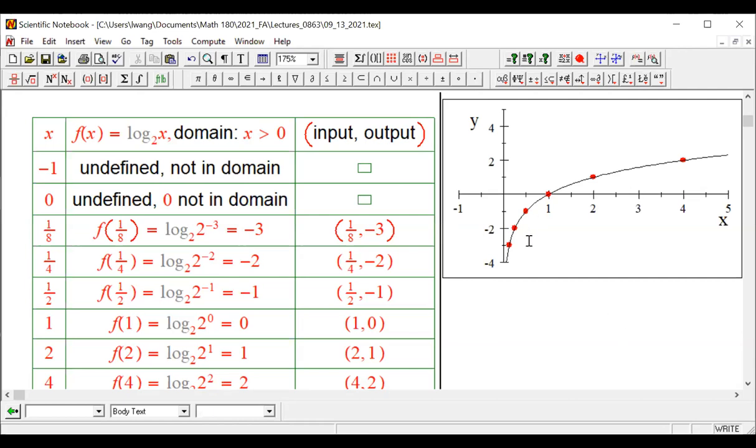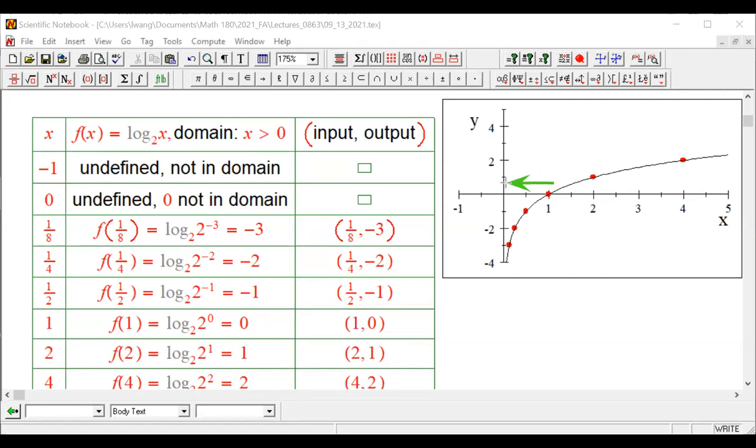On this curve, look, there's 2 directions, right? Domain does not include 0. So the input can be any number larger than 0, so that any number can be as close to 0 as possible. You guys see that?